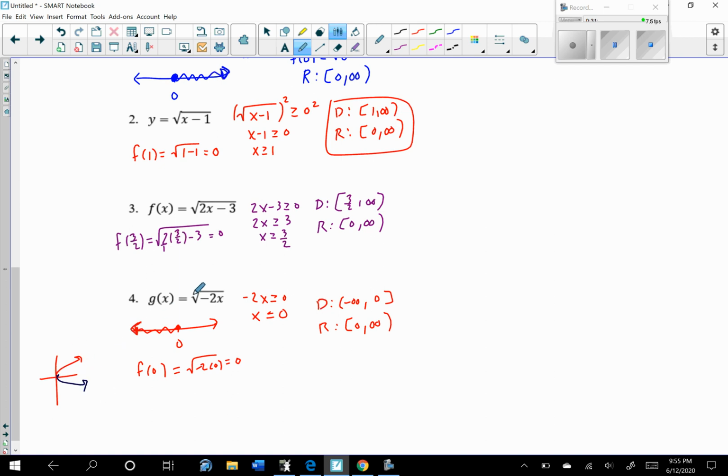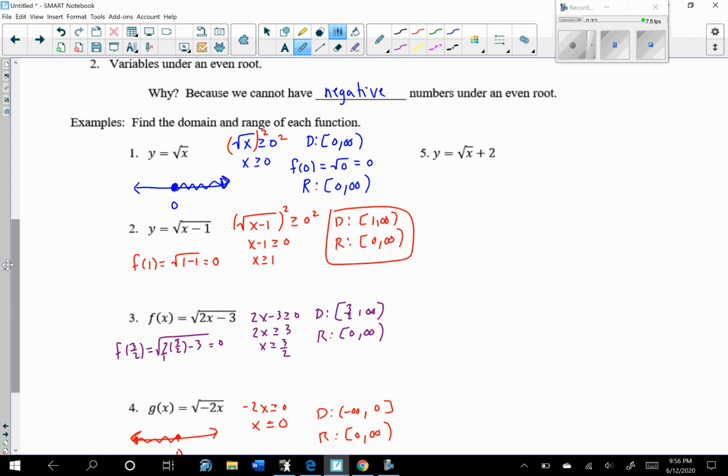So the only way I would get that is if there was a negative in front of the radical. If that was the case, then my graph would be opening downwards, and so then our range would be negative infinity to 0. But again, that negative would have to be in front of the radical, which we don't have right here. So let's go ahead and look at question 5.